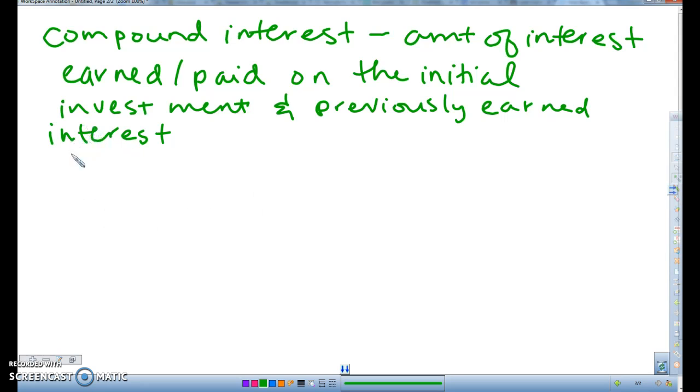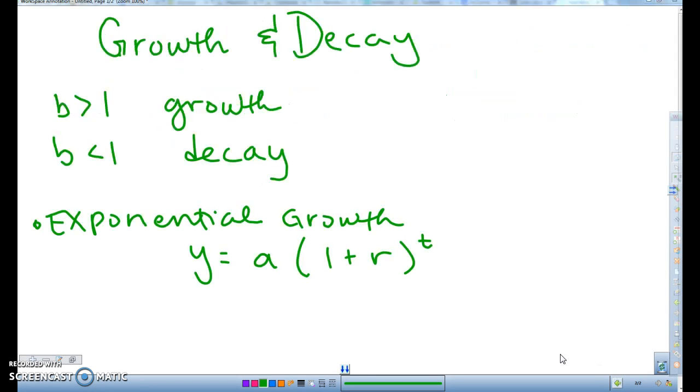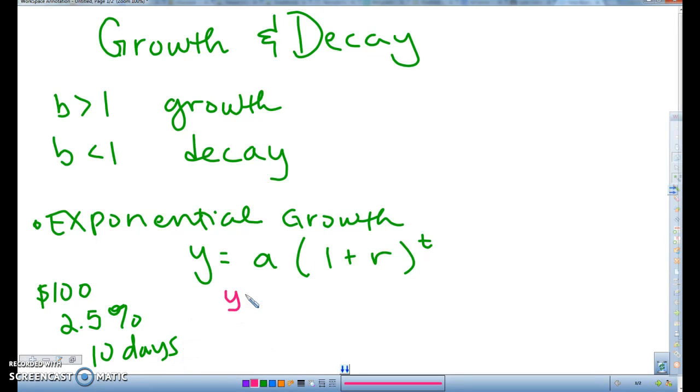So we'll start off with a real easy example before we get into the compound interest formula, which is a little bit more intense than the formula I just gave you. So the formula we just had would look something like this. Let's say my initial investment is $100. That's that A. And then I'm looking at a rate of 2.5% for 10 days. So if I plugged all these wonderful things into my formula, I would have y equals 100 times 1 plus r.